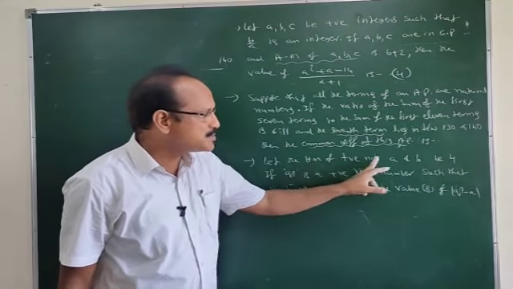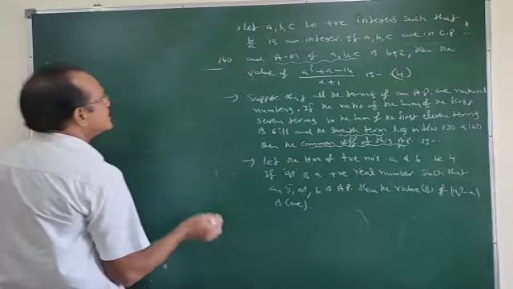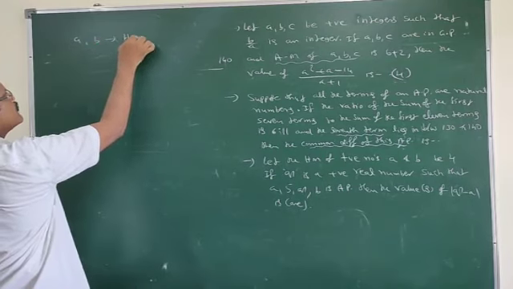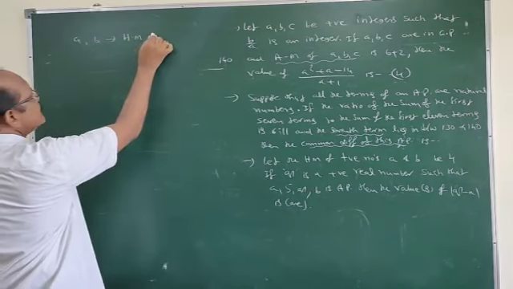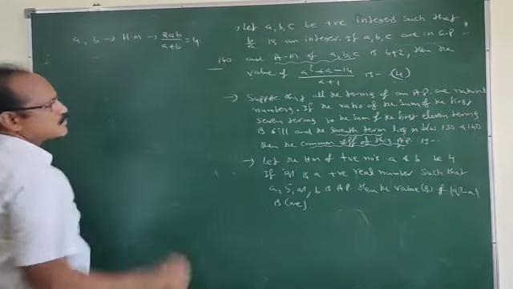mean of positive numbers A and B be 4. Harmonic mean is given. A, B are positive numbers. Harmonic mean HM of A, B is given by 2AB by A plus B, that is given as 4.